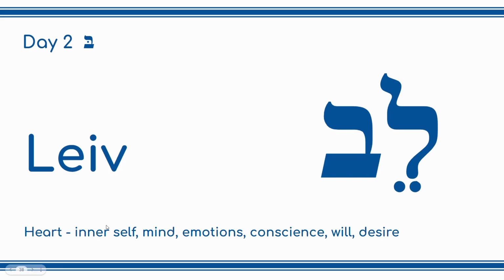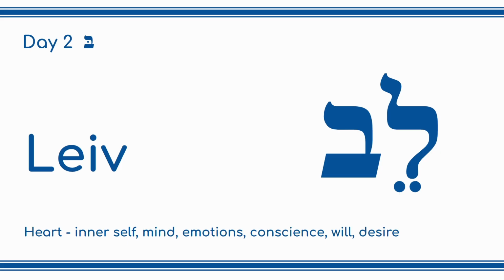It can mean inner self, mind, emotions, conscience, will, desire. It basically means your innermost being. In English we kind of separate things, and in our understanding, we think of the heart as being the center of emotions. That's not the case in Hebrew.